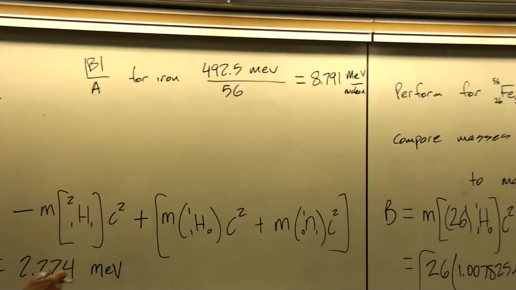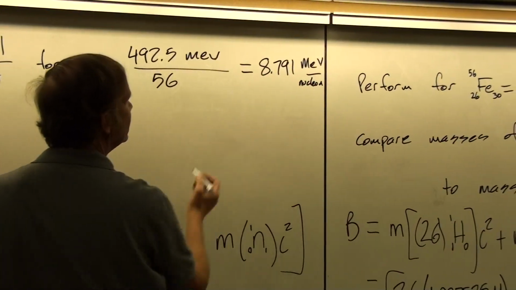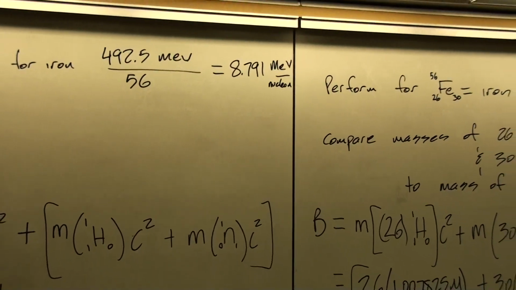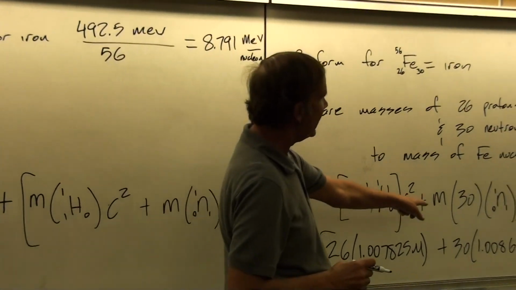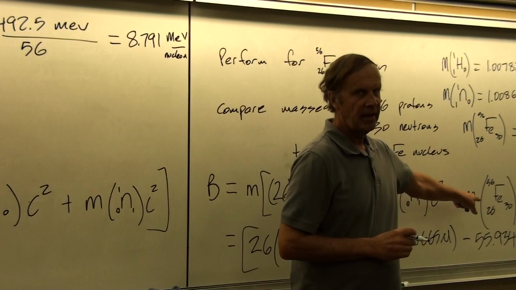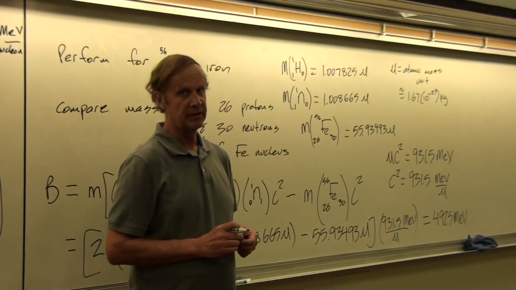Okay? And as we go to larger values, what we find is that these larger values do not end up giving us a positive value for B anymore. Okay?